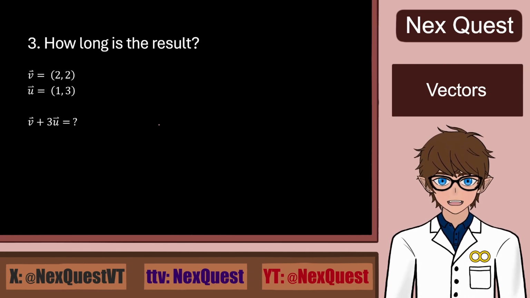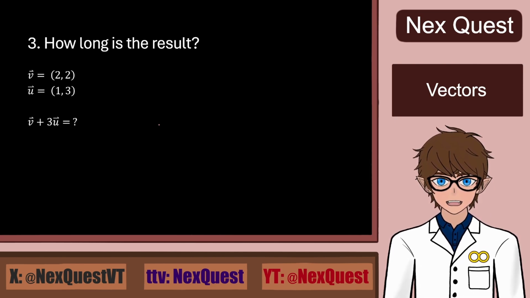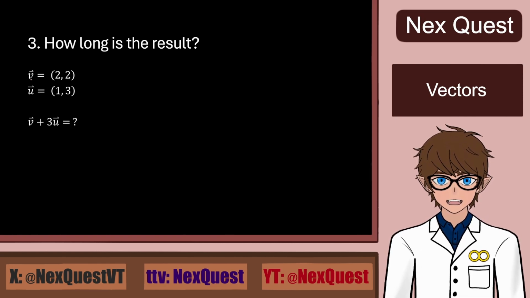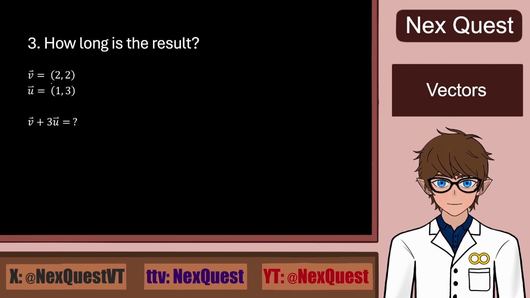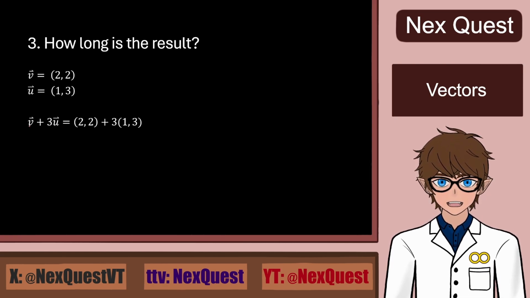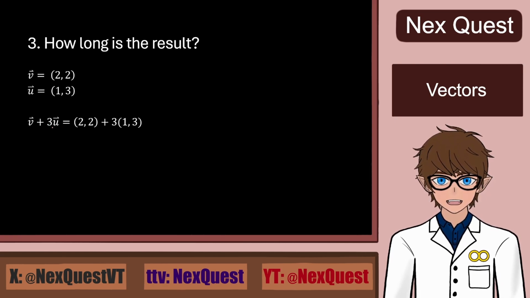Now, for the third one, how long is the resulting vector? I forgot the exact wording, but basically we add to vector v a 3 times elongated vector u. Here are the vectors, and here is the math problem written out. So basically vector v plus 3 times vector u.